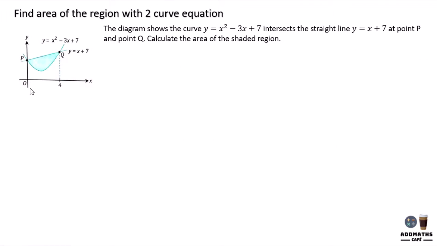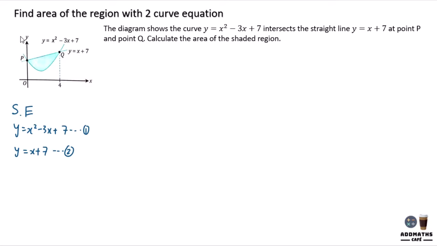So for example, I'm required to find this answer where I have a curve y equals x squared minus 3x plus 7 and a straight line y equals x plus 7 at point P and point Q. They intersect at these two points. So when they intersect, it means you have two simultaneous equations. y equals x squared minus 3x plus 7 will be your 1, and y equals x plus 7 will be your 2.